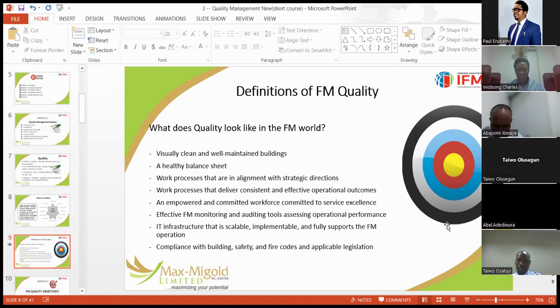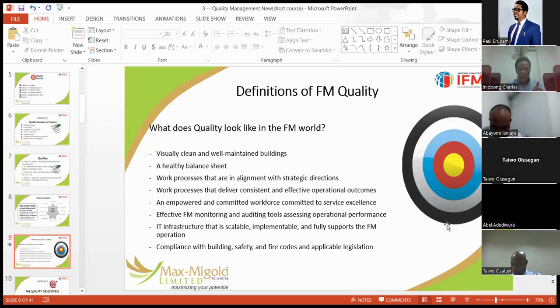Some they use weighing scale, which you need to calibrate before you measure to give you the accurate measure. But for FM, we see quality in a different way because we are service providers, and in the service industry, quality is perception of the customer.